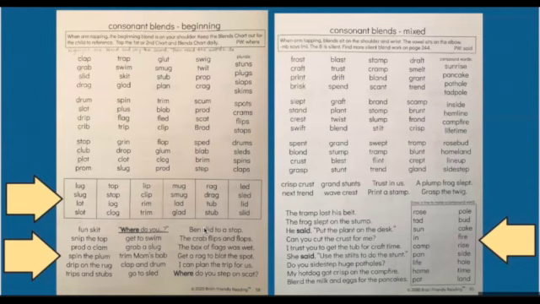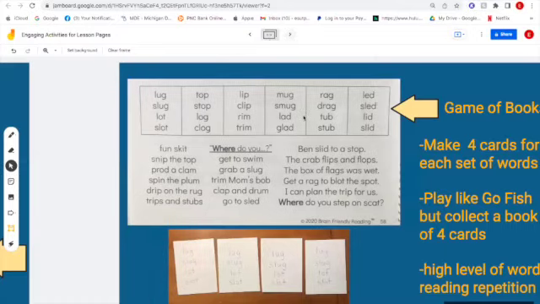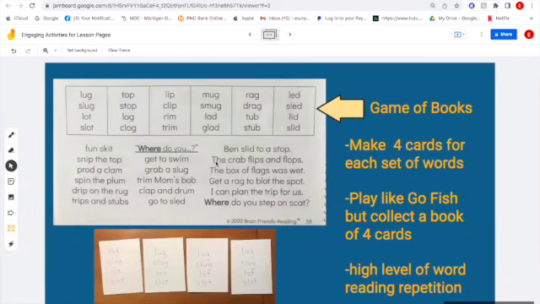So what I would like to do is show you some different activities that you can do with your students using the items in the boxes and also with the phrases and the sentences. On this section of the lesson page, we have sets of 4 words.